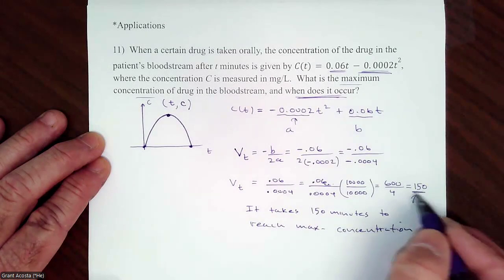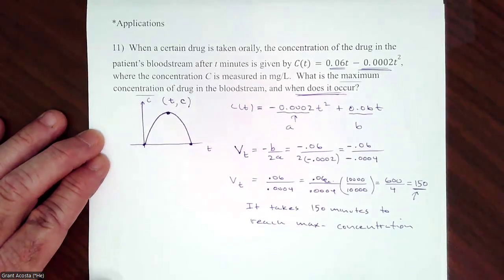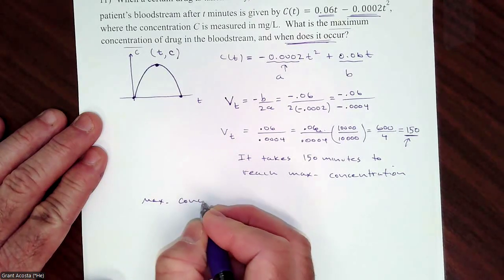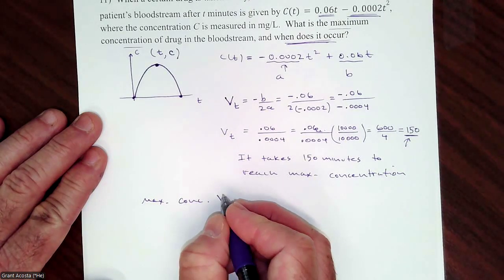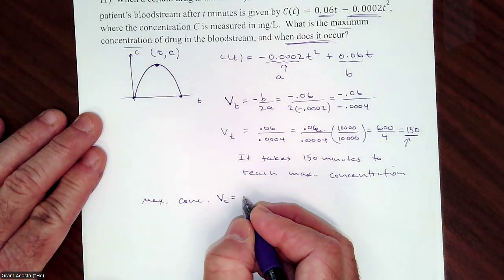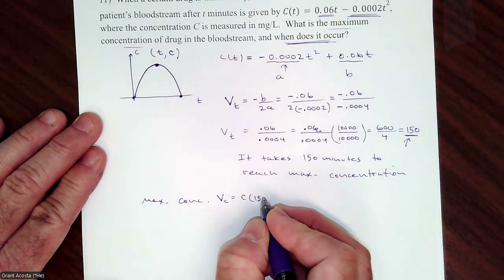I would then take this and put it back into my parabola. So my actual maximum concentration is the y-coordinate essentially of the vertex, which is really just plugging in 150 for t.